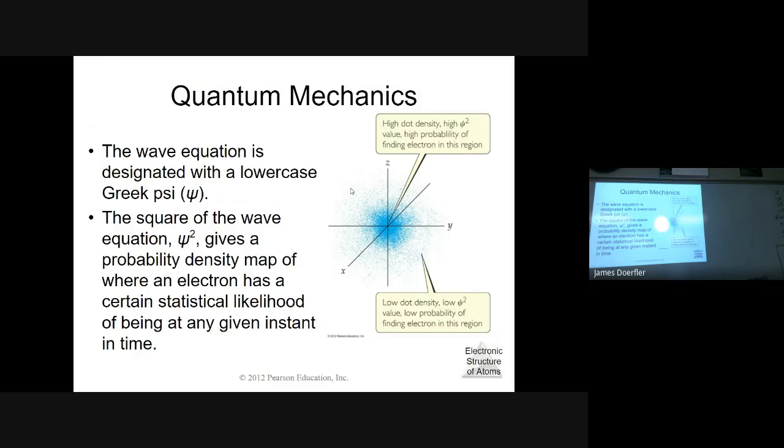And so we look here on this image, as we see that these blue dots, if you will, are kind of the probabilities, okay? Statistical probabilities. And if you notice here, if we look at where all these lines intersect, that's our nucleus.